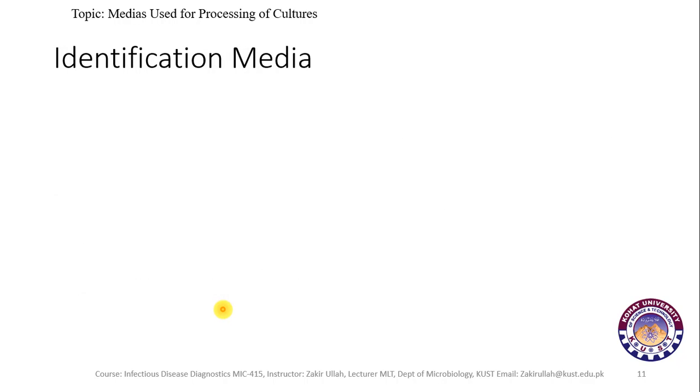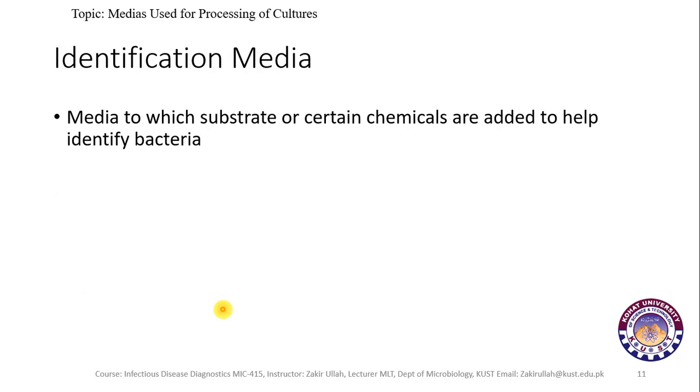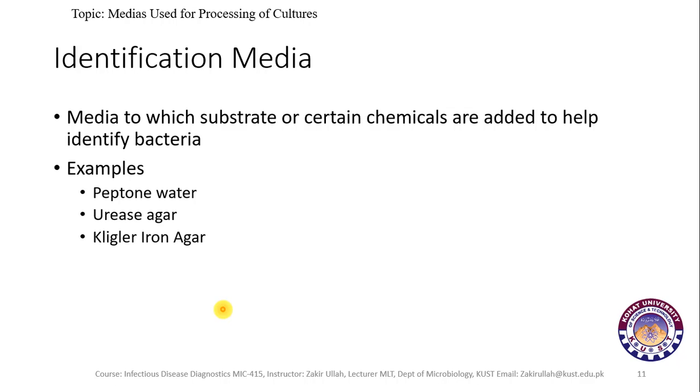Identification media are required for the identification of certain bacteria, in which substrates or certain chemicals are added, and after their addition certain changes occur in the media. On the basis of these changes, we can identify different bacteria.